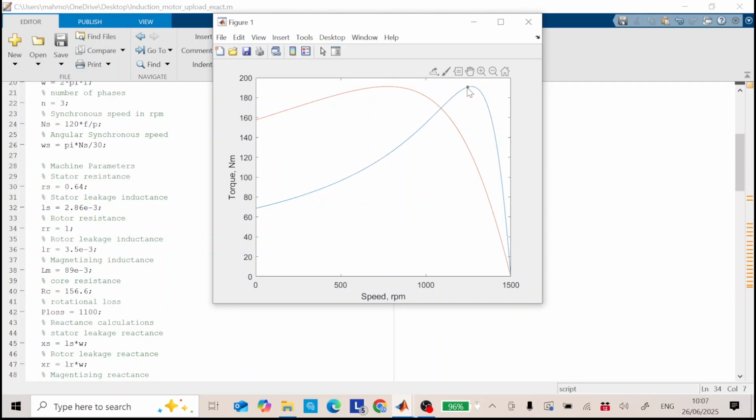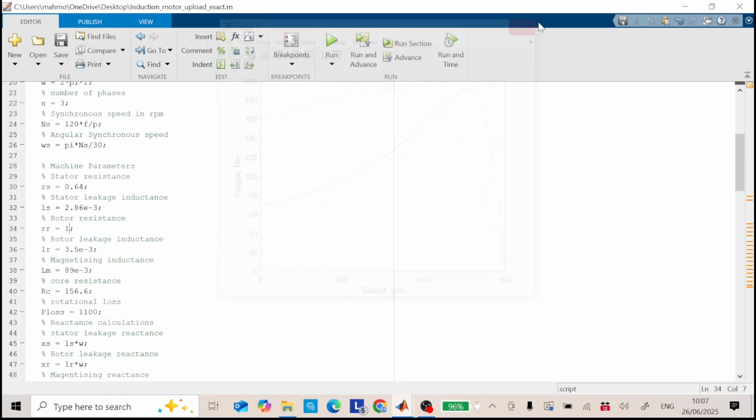So as you can see here, the maximum torque is something like 191. So the maximum torque here is almost the same value, but the starting torque is increased. You can apply the same concept for the current curves, power factor, efficiency. So that one just to show you how to change the parameters in your code and find the performance evaluation.